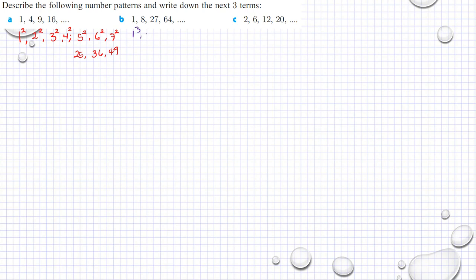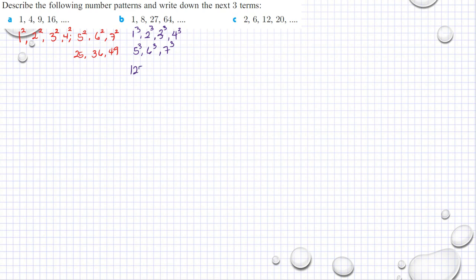B, it's almost similar to A, but this time we have 1 raised to 3. Because 8 is also 2 raised to 3, and 27 is 3 raised to 3, and 64 is 4 raised to 3. So the next 3 terms should be 5 raised to 3, 6 raised to 3, and then 7 raised to 3.